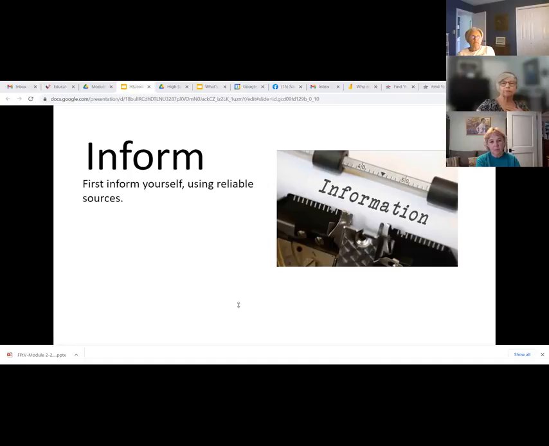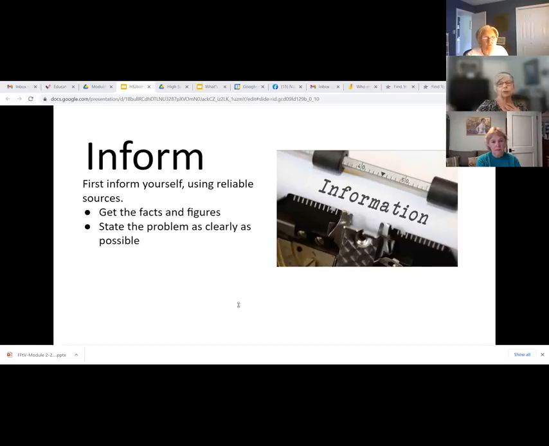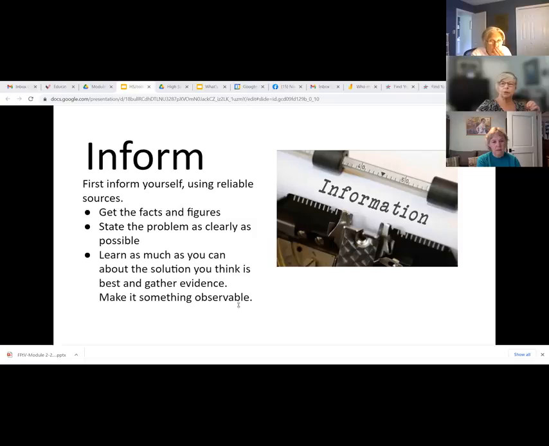Okay, so when you're working to bring about change, you have to be sure that first you inform yourself: you get the facts and the figures and know the sources for your information. You state your problem as clearly as possible and know clearly what the issue is before you try to explain it to other people, and be able to support what you believe.